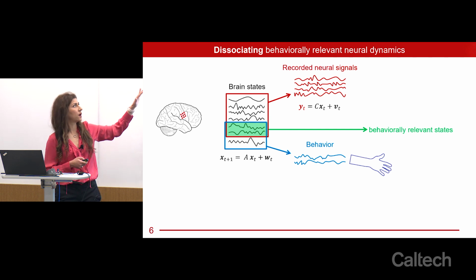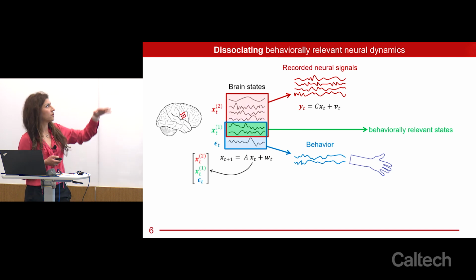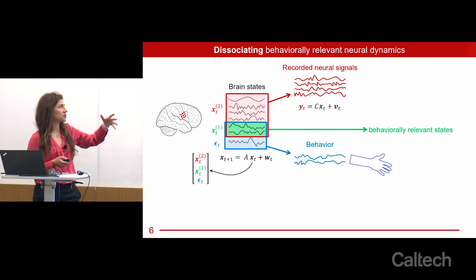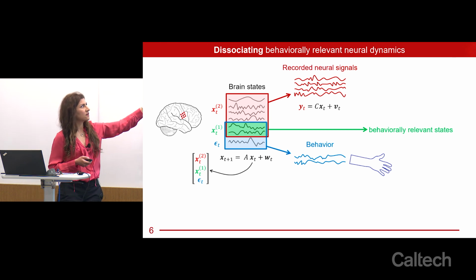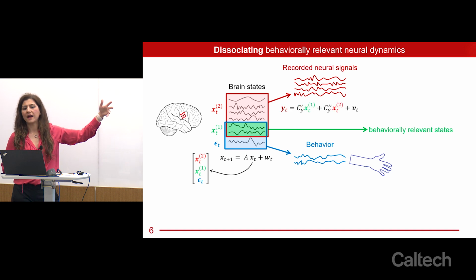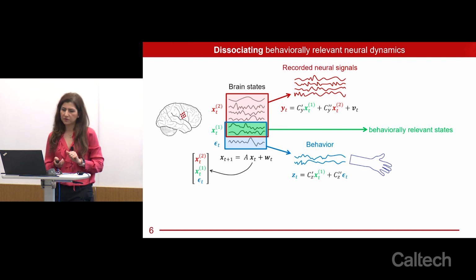I'm showing them with green. But there are also disjoint states. For example, the red states that are just in neural data and the blue states that are just in behavior. So we can decompose the states into these three elements, write the neural activity in terms of the green and the red states, and write behavior in terms of the green and the blue states.